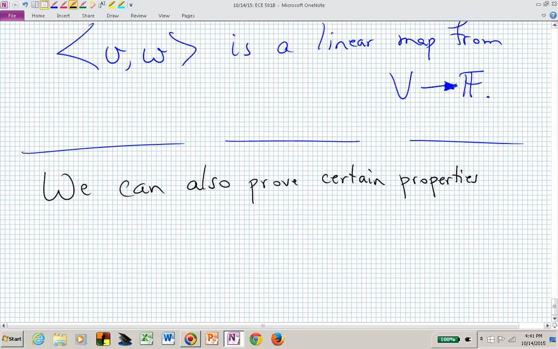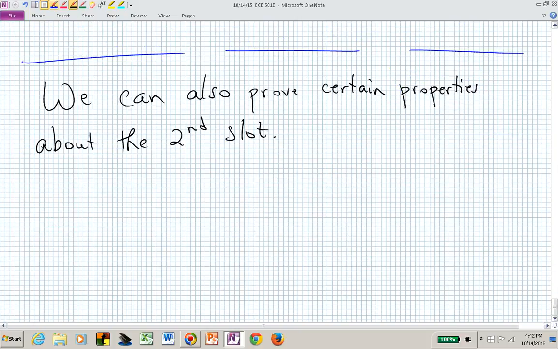And here we can also prove certain properties about the second slot. One of those is that we actually have additivity of the second slot.